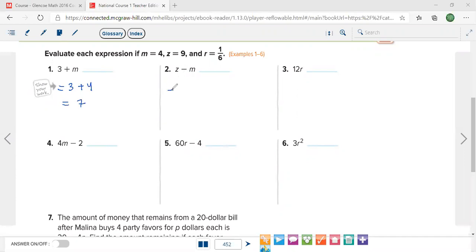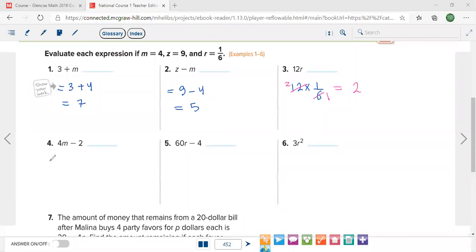Z minus m, so this is 9 minus 4, which means 5. 12r means 12 times 1 over 6. We can use cancellation now. Divide by 6 is 1, divide by 6 is 2. So it's like 2 times 1, which is 2.